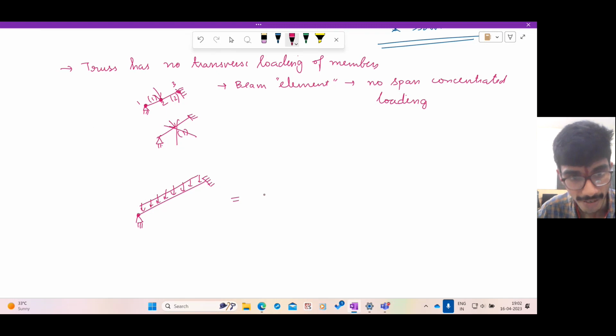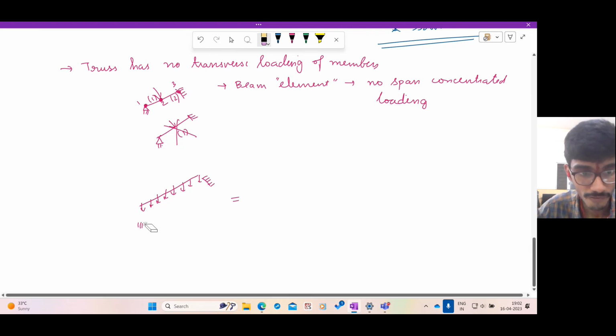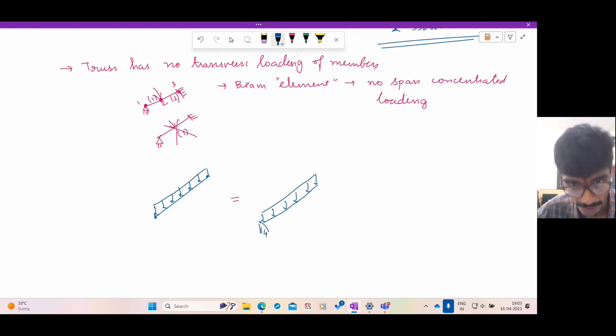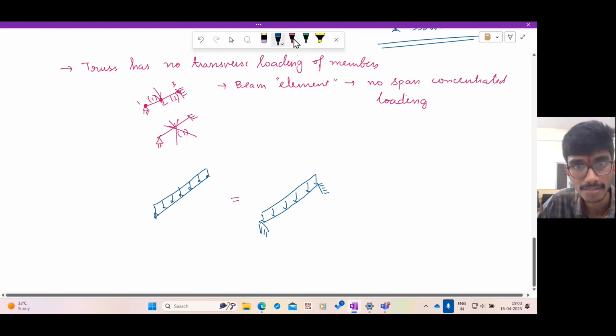So while considering a member subjected to distributed loading, you consider it as a superposition of two cases, where in one case you fix the supports, and the moments and the reactions that are generated are like this.